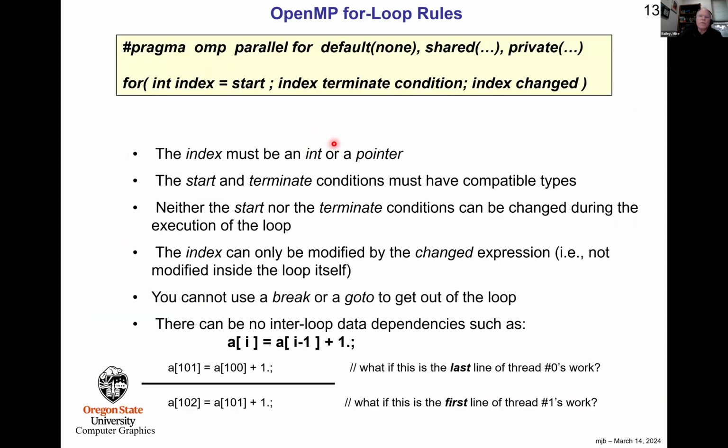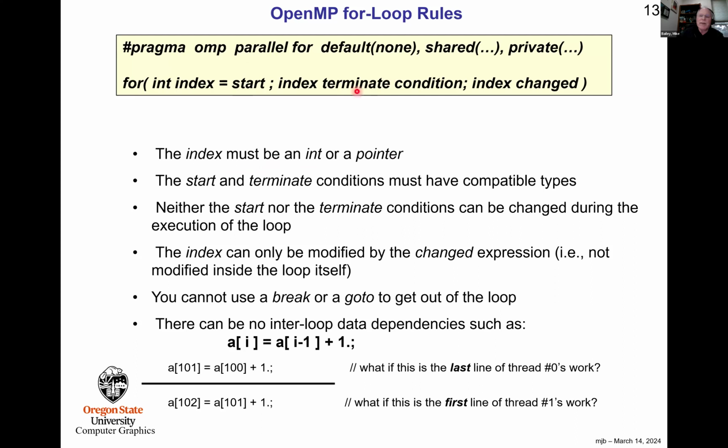All right, rules for loops. They're not really all that stringent, but there are some. First of all, this index must be an int or a pointer. That makes sense. For loops can have a float as the index, but it's not advised. If you're going to expect this to be parallelized with OpenMP, that's got to be an int or a pointer.